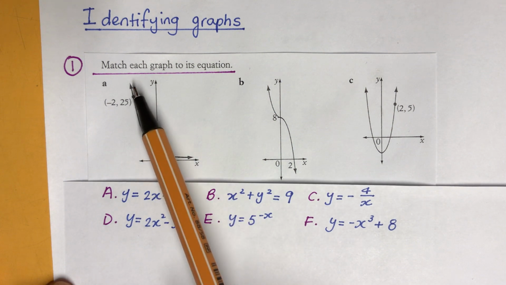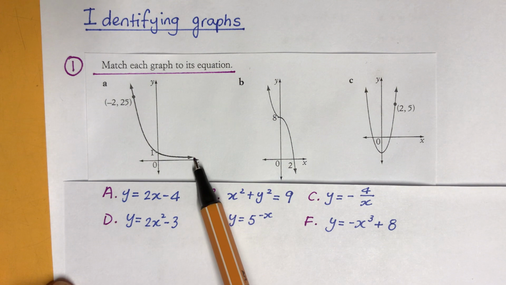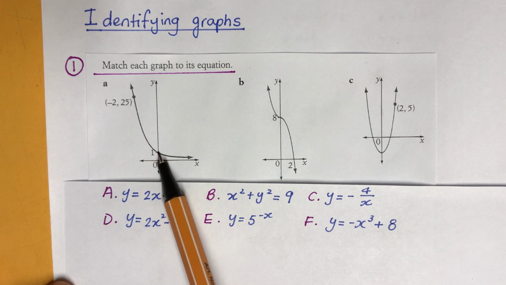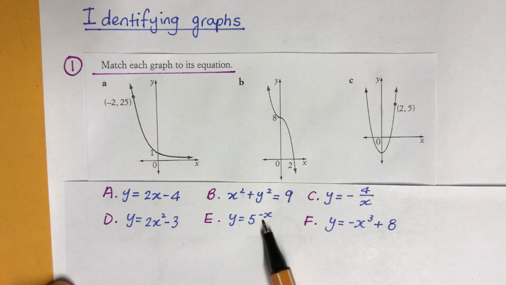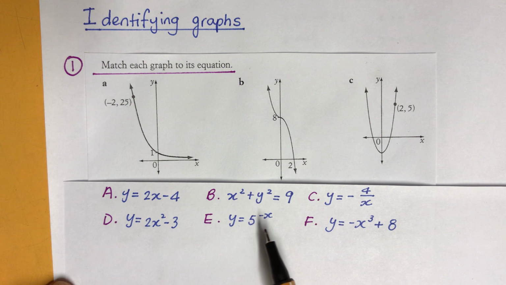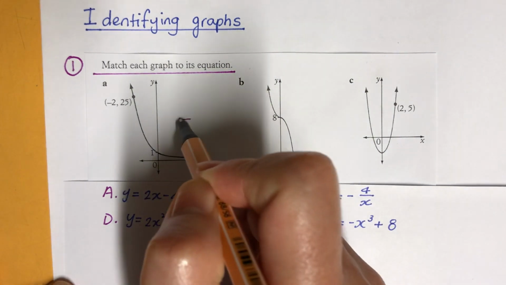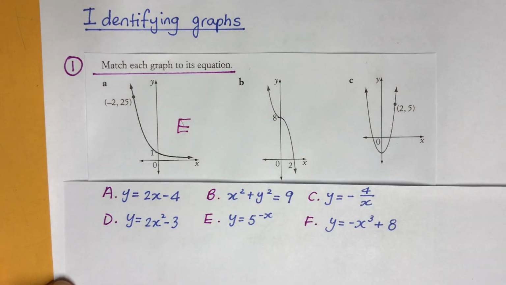So that's definitely going to go from the second quadrant to the first. And it's also go through 1 when x equals 0. So when it's a power of 0, anything is a power of 0 is 1. So that's okay. And if you could just substitute -2 here, and you will get y value 25 using calculator. So I would say this is E.